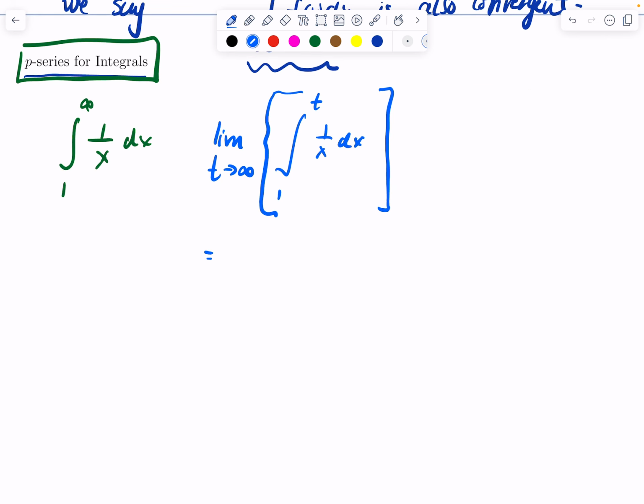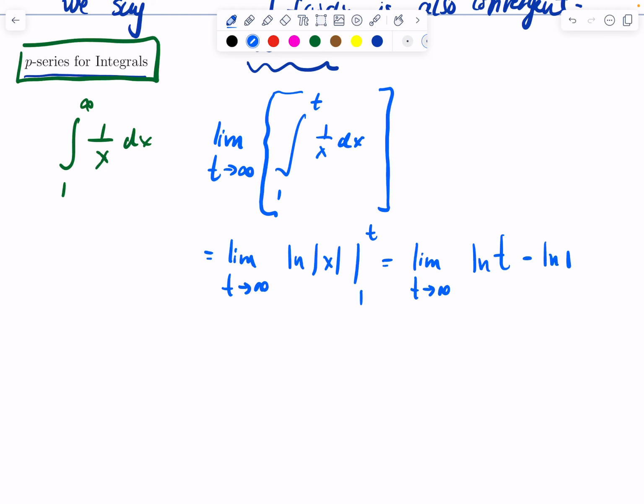So this is equal to the limit as t goes to infinity of the natural log of the absolute value of x, and we're going to go from 1 up to t. Or the limit as t goes to infinity of natural log of t, I don't need the absolute value bars anymore. Why not? Minus the natural log of 1, that goes to 0.